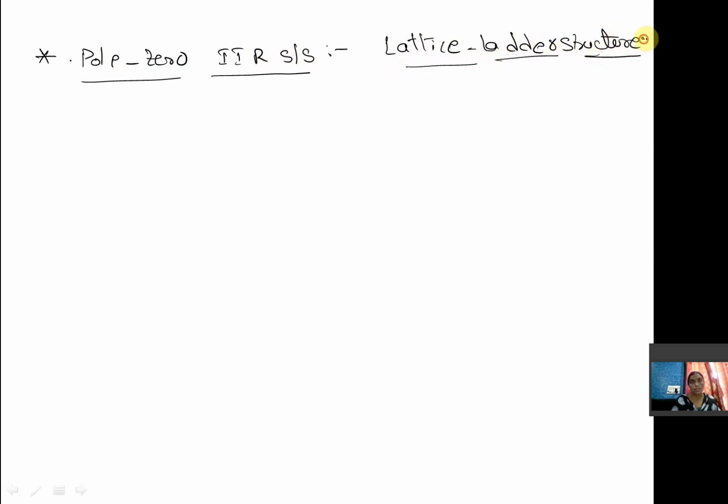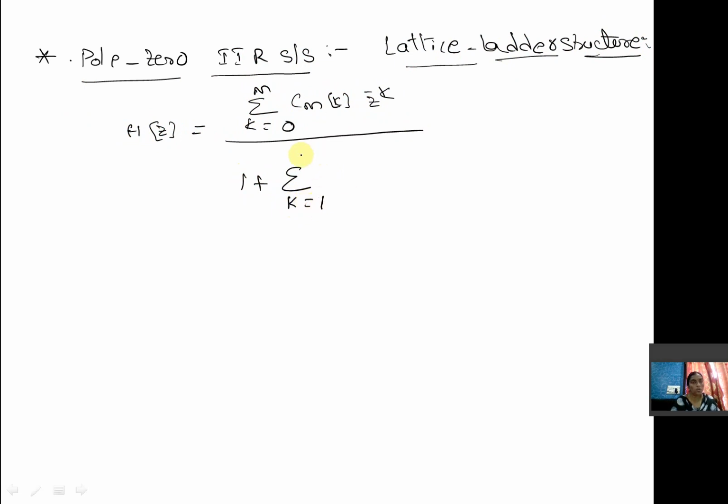Now here H of z is equal to summation k equals 0 to m Cm of k z power minus k, divided by 1 plus summation k equals 1 to n a n of k z power minus k, which is equal to Cm of z divided by a n of z.